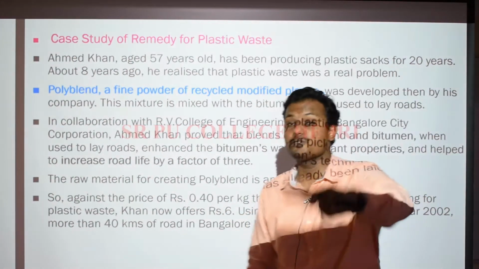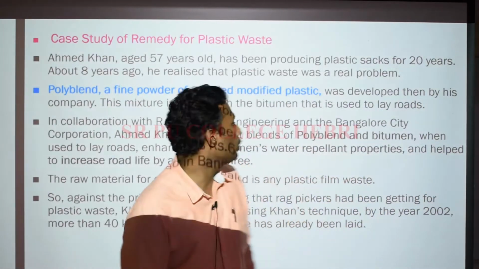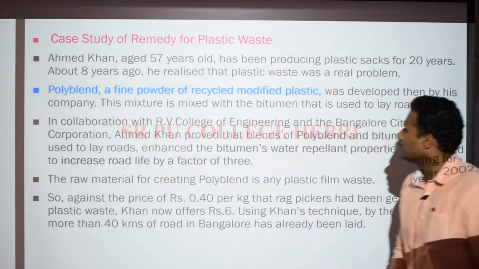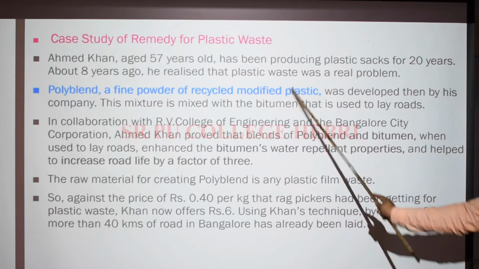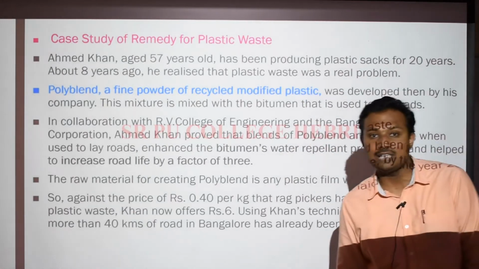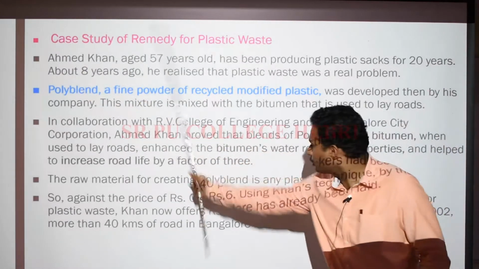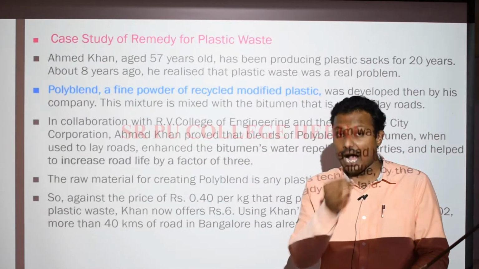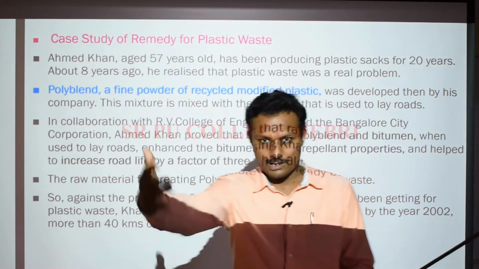The polyblend was mixed with one more chemical compound called bitumen. This bitumen acts as a water repellent. They add polyblend and bitumen together to form a mixture, and this was used in making tar roads, what we call dambar roads.